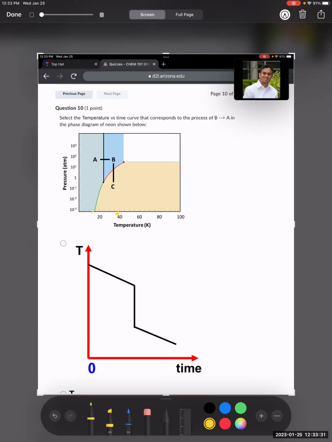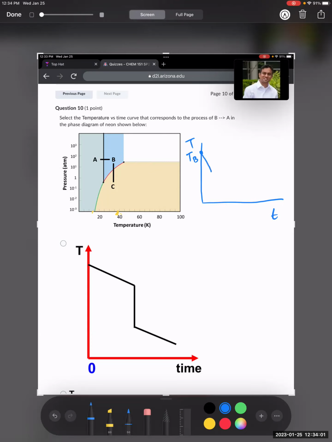That means we are going from a higher temperature to a lower temperature. Here's my temperature axis, here's my time. We're starting at a higher temperature. This is going to be the temperature of B. And then when we cool, the temperature decreases with time.